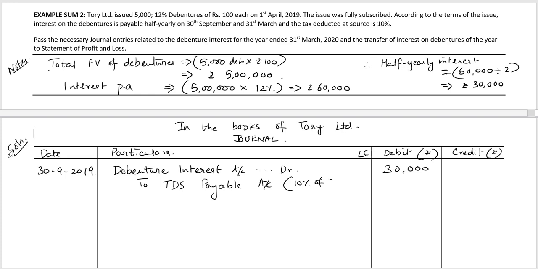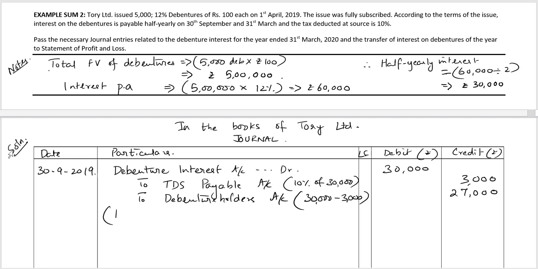TDS is 10% of 30,000 rupees, comes up to 3,000 rupees. And to debenture holders account, the balancing figure, which is 30,000 minus 3,000 rupees, comes up to 27,000 rupees. Narration: for interest and TDS payable.